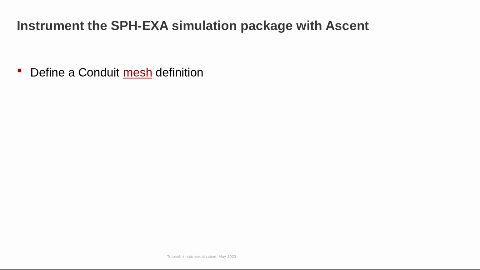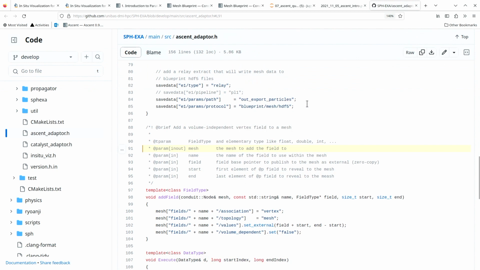So it's an SPH code, so particles-only data. And if I look at the code, since it's particles only, I can drive you directly to the mesh definition of the code. You recognize here exactly the Conduit syntax which we've seen. So using the specific keywords for fields, here we add for each variable name, the name of the variable and the association, which is vertex, because we only have particles, so there's only one choice here.